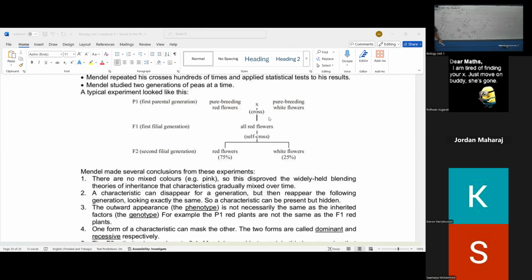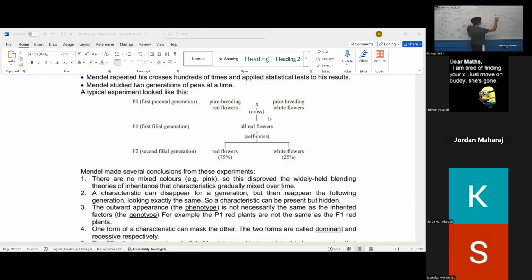But what he knew is that something is influencing it. So again, pure breeding red and pure breeding white. You don't know which one is dominant. Both of them are pure.